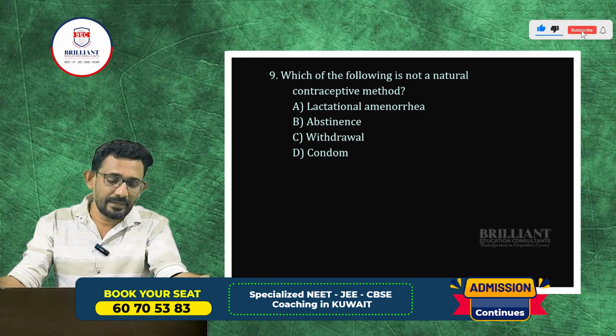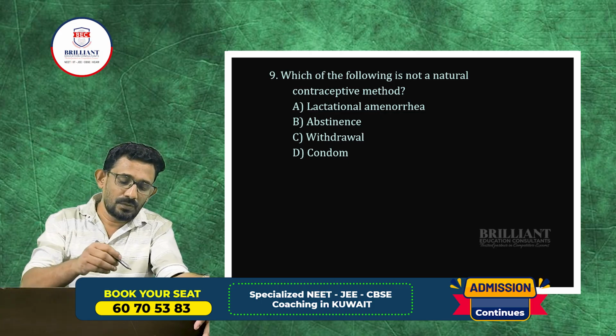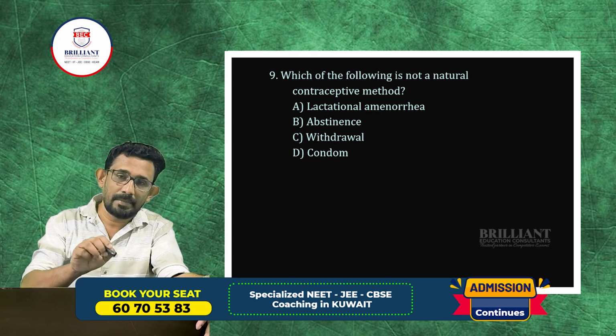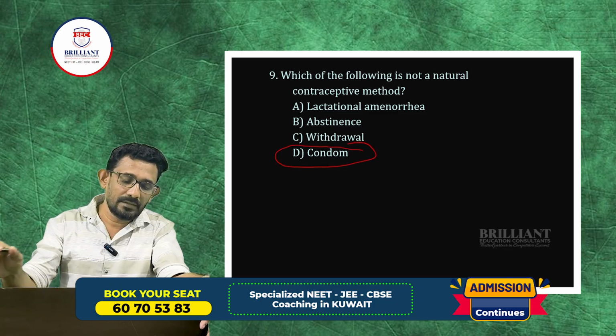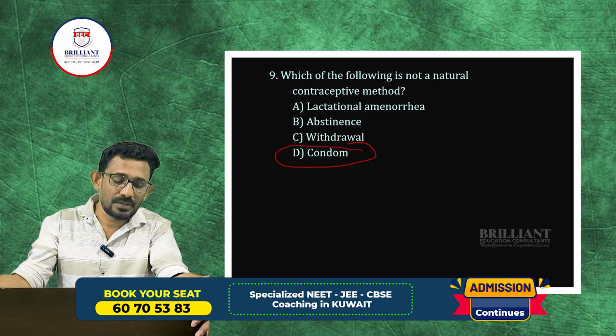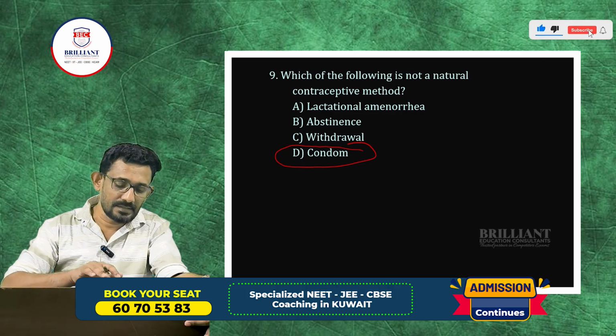So there are natural contraceptive methods: lactational amenorrhea, periodic abstinence, withdrawal. Then the last option, condom, is a barrier method. So here condom is not included under natural contraceptive methods. So option D is the correct answer.